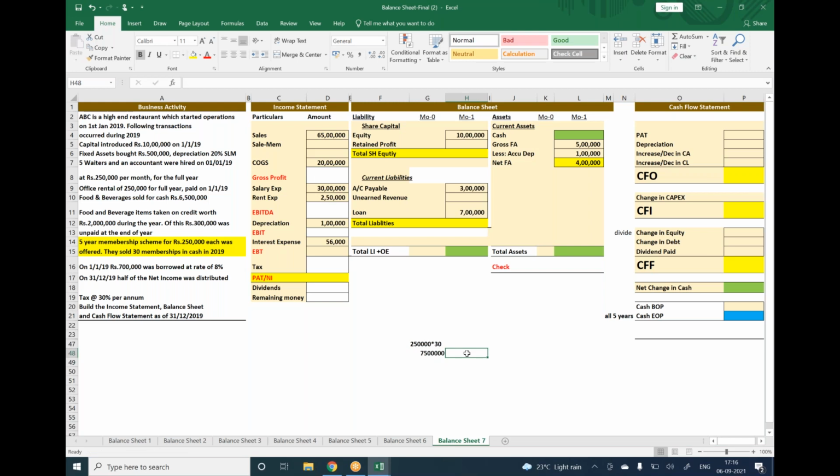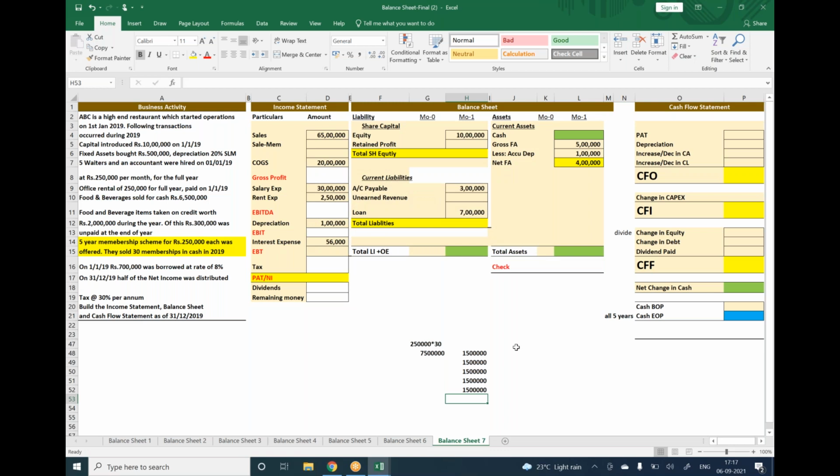But each year, so it will be 75 lakhs divided by 5. So first year 15 lakhs, second year 15, third year 15, fourth year 15, fifth year 15, that will become 75 lakhs.